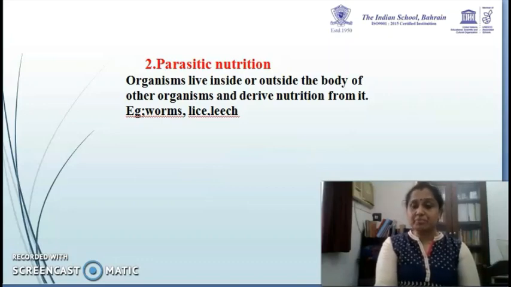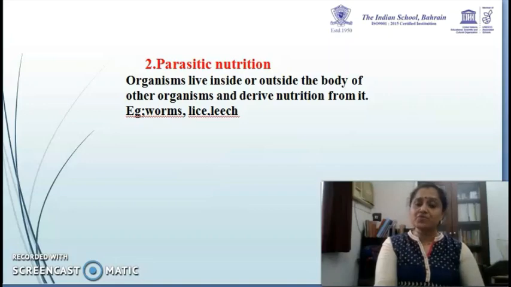Leech gets its nutrition by sucking the blood of other organisms. Worms like roundworm live inside the human body and derive nutrition from the human system. So such type of nutrition in which organisms live inside or outside the body of other organisms and derive nutrition from it is called parasitic nutrition.